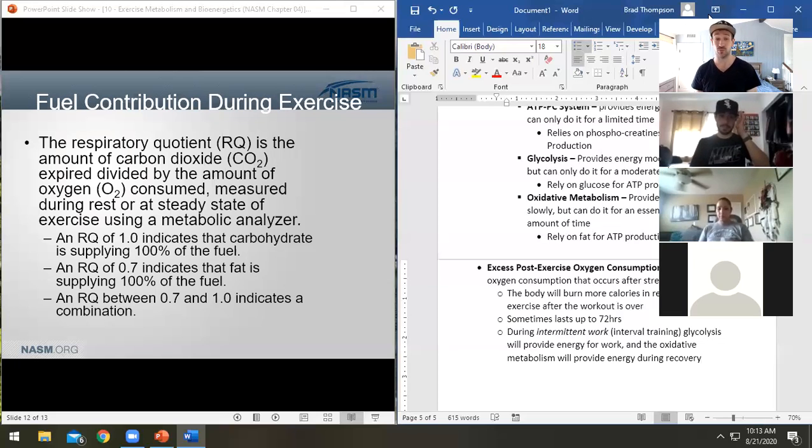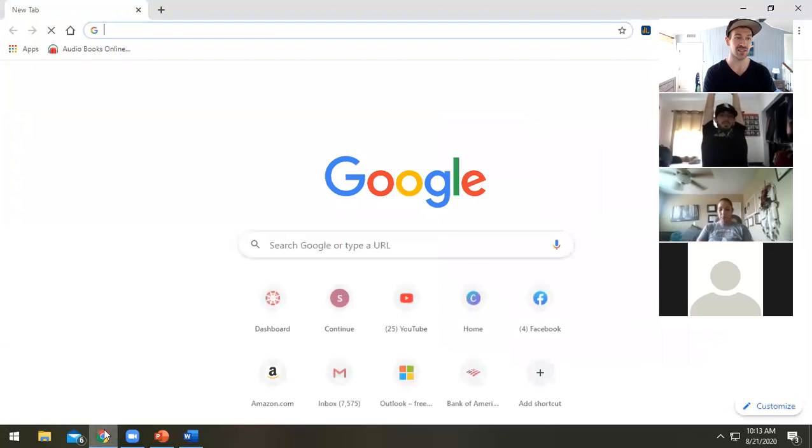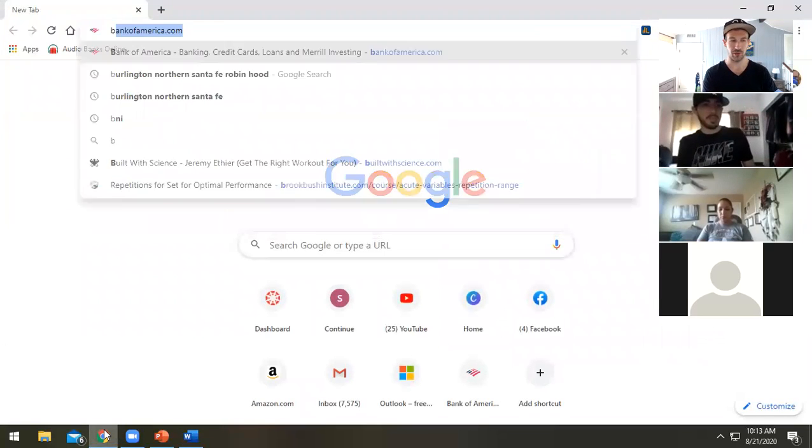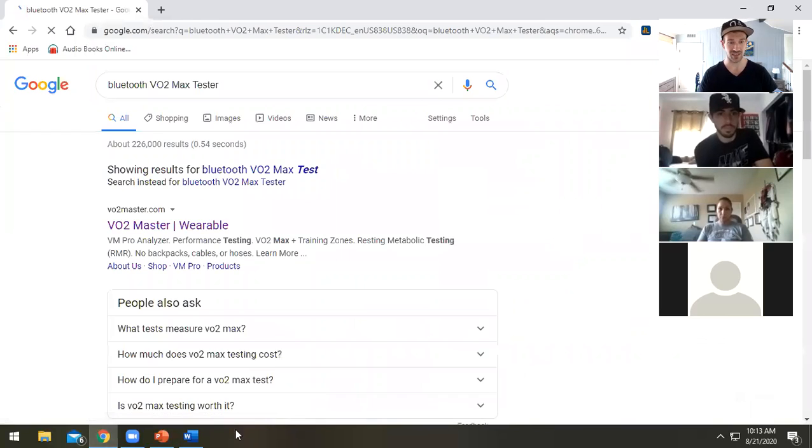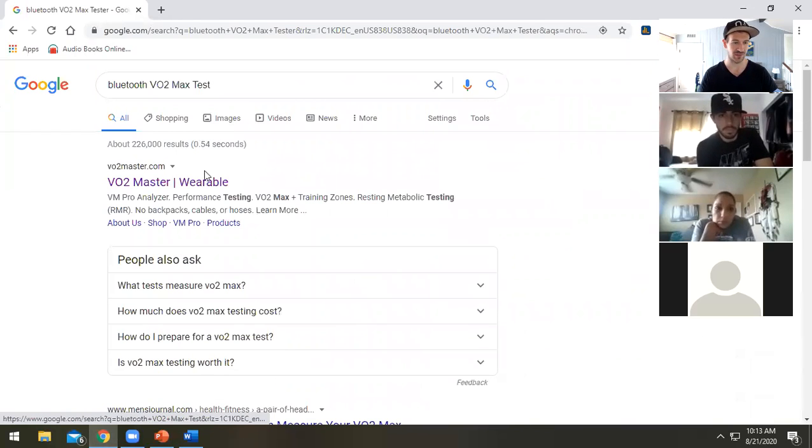Nowadays they've got those Bluetooth VO2 machines. I guess technically you could buy one of those and put it in your mouth. Those are pretty cool, by the way. Look at this. Bluetooth VO2 max tester. This is amazing, because until these things, there was the VO2 Master, that's right.